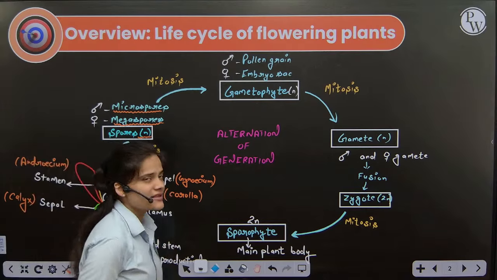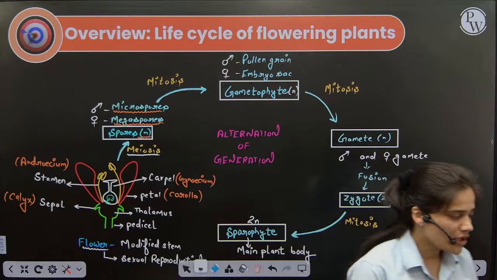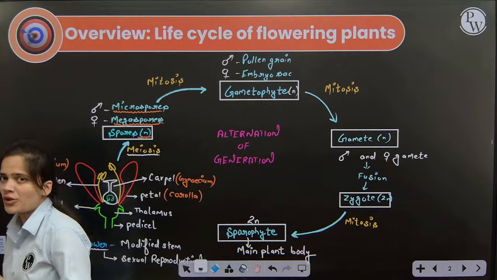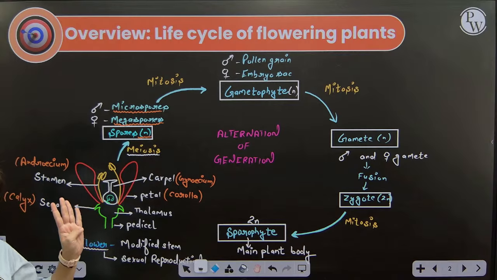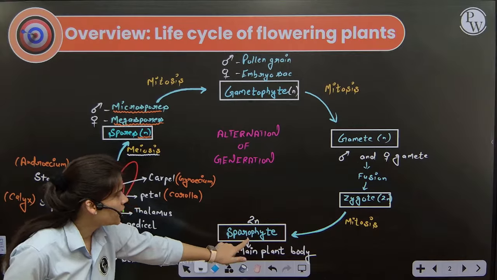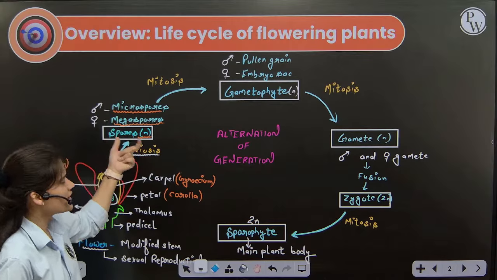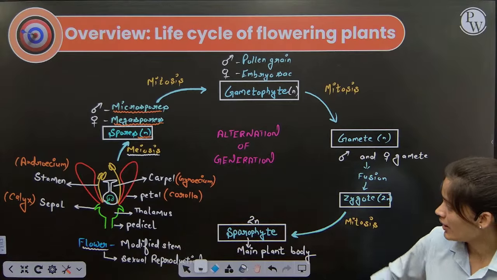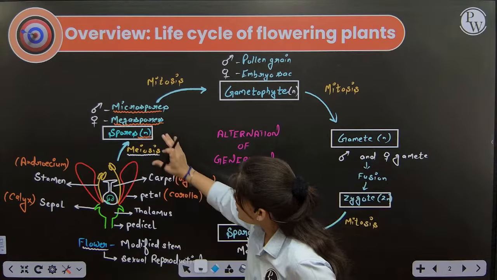Now what is meiosis division? In meiosis division, any parental cell divides into 4 daughter cells. If the parental cell has 2n number of chromosomes, then after meiosis division, the daughter cell has half the number of chromosomes. So sporophyte forms spores.